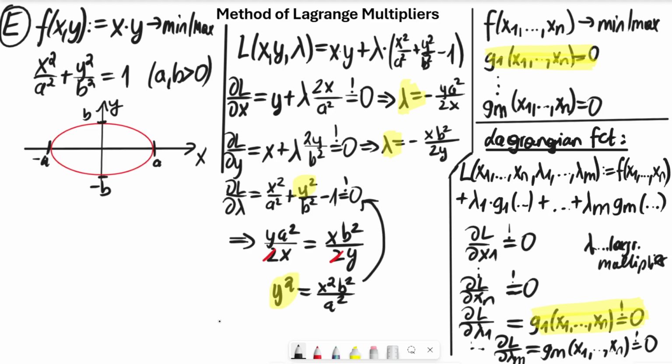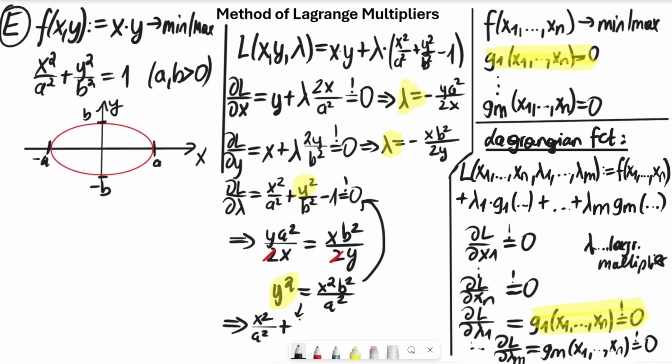So what is the final formula? I'm running out of space again as usual. So x squared divided by a squared. This is my constraint equation. Plus, instead of the y squared, I plug it in here.